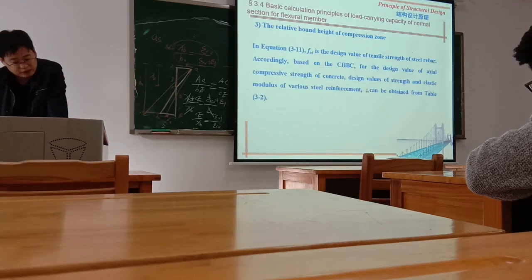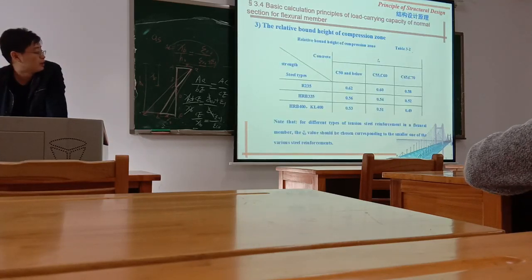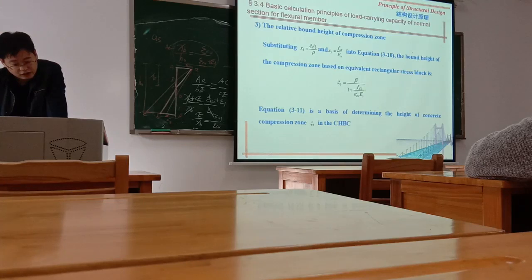So finally, according to the code and the material of the reinforcement and the concrete, we find the CB, substituting xb and epsilon y.